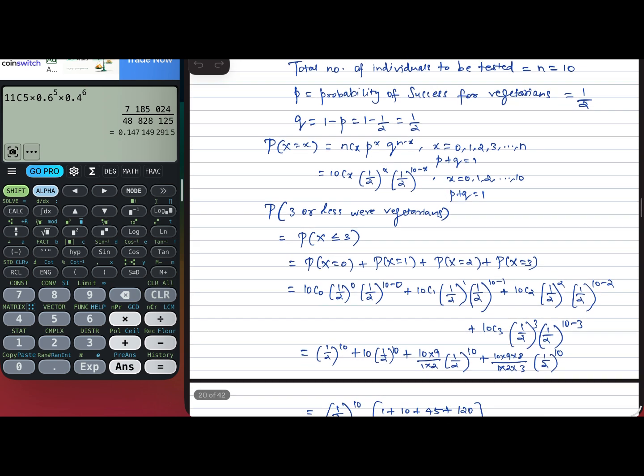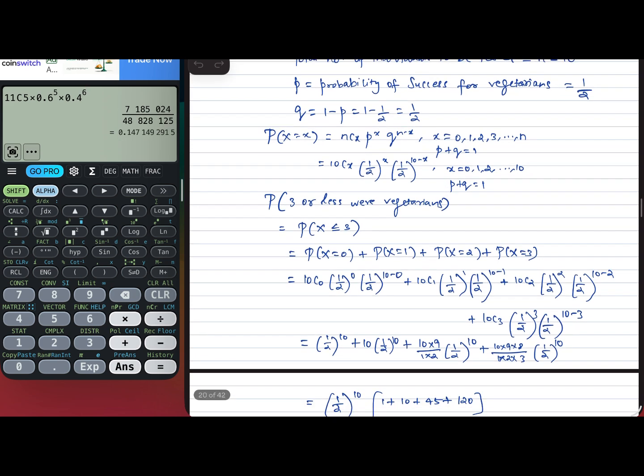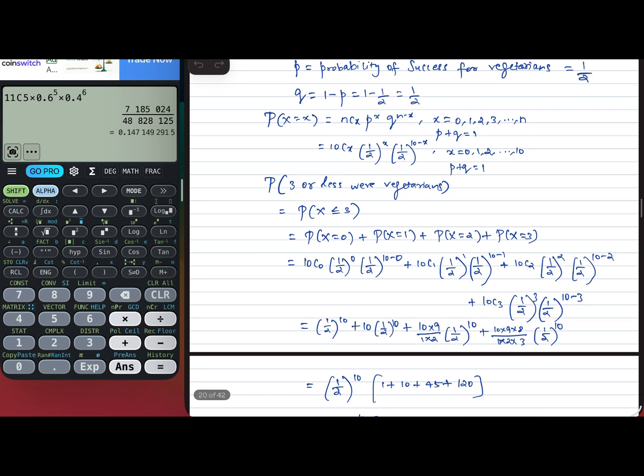Now the probability that 3 or less were vegetarians has to be computed out of 10. That means there may be 3 vegetarians, or 2, or 1, or 0, that is no vegetarians. Because it is a probability, you need to add them.